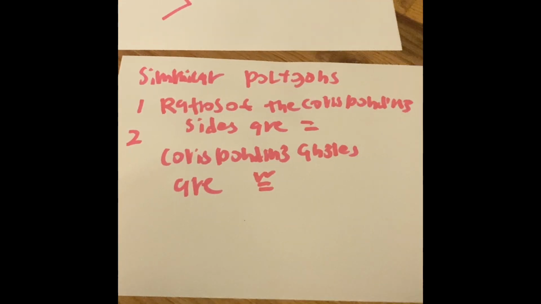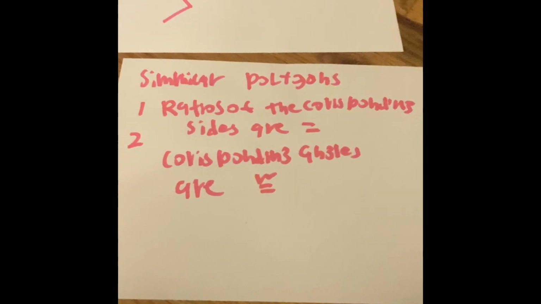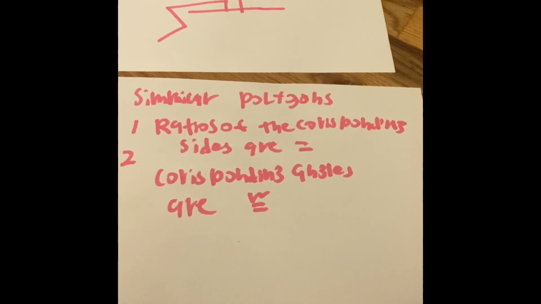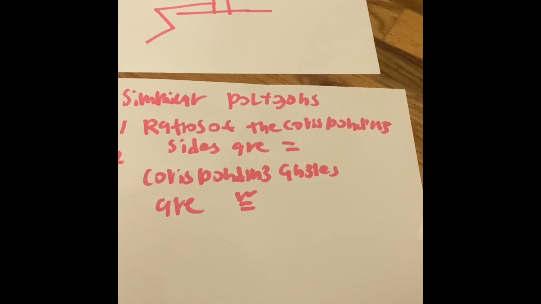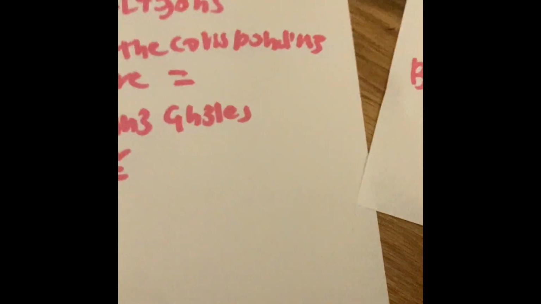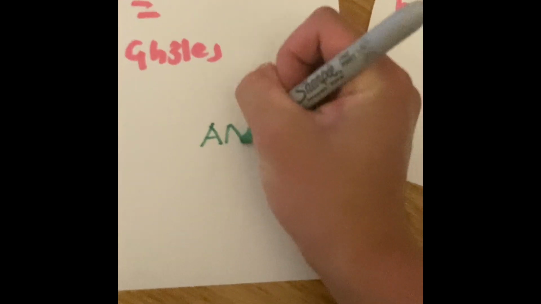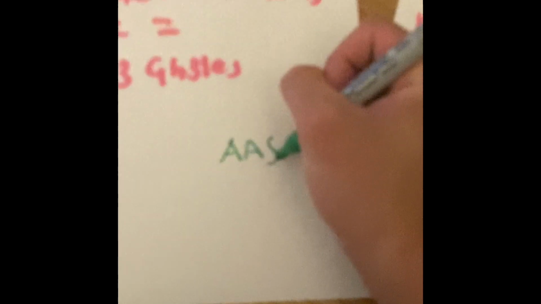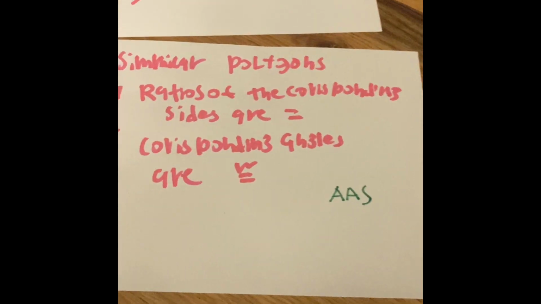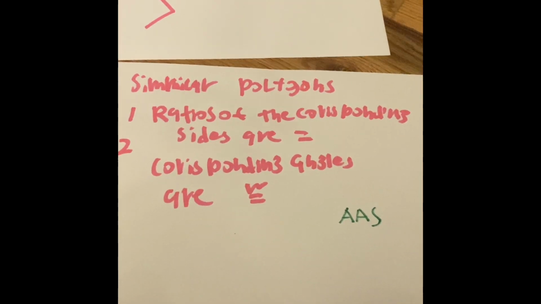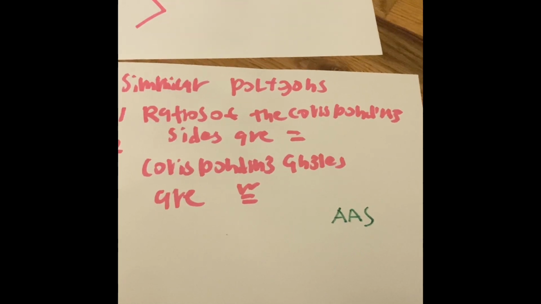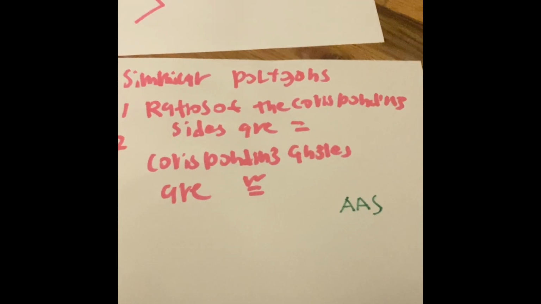Also, about corresponding angles are congruent. If you remember from another video, we were learning about AAS, or angle angle side. If you have two angles and a side, that is going to tell you that the third pair of angles should be congruent to each other.